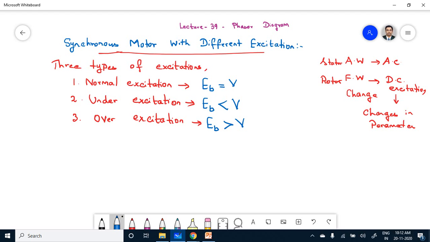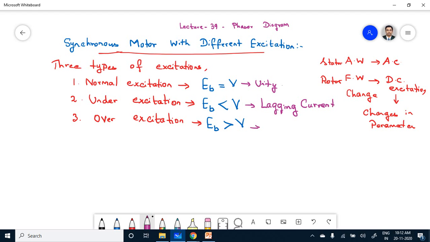In normal excitation, the current is neither leading nor lagging, it is unity. In under excitation, the current will be lagging current.